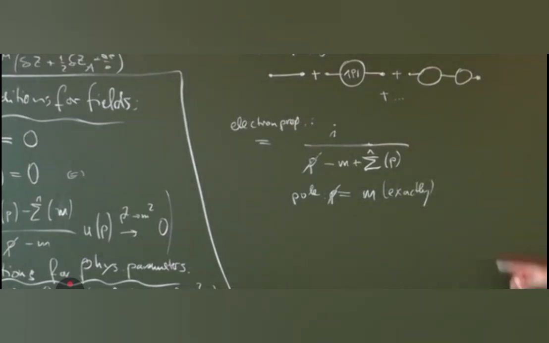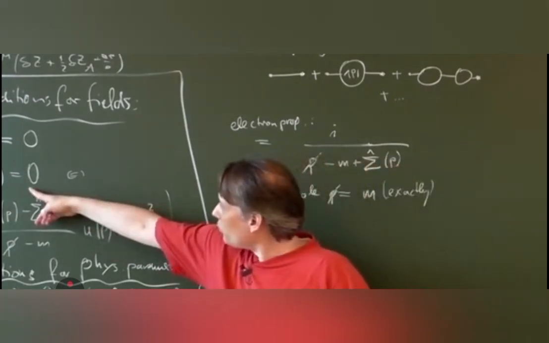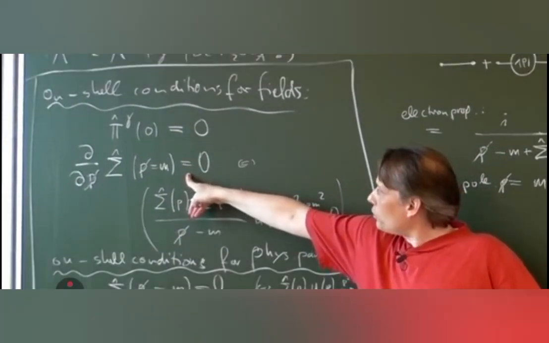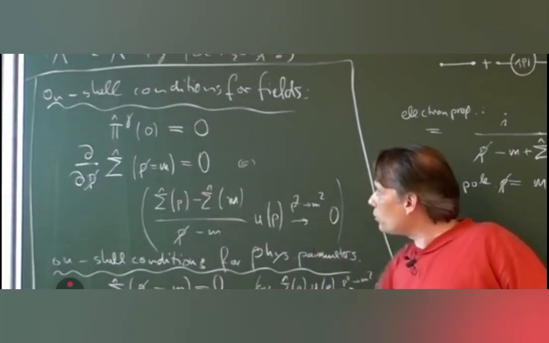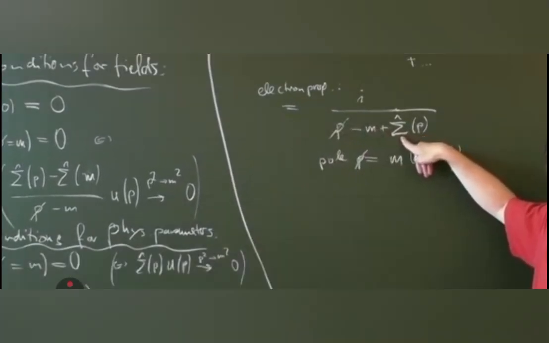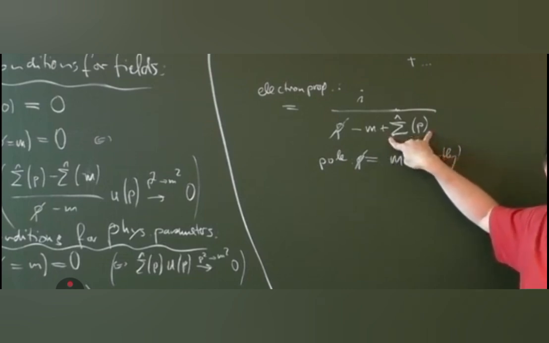So I will write down in a second that means that the m parameter is the physical mass, but let's first discuss the second consequence. What is the consequence of this on-shell renormalization condition? That the derivative of the self-energy also vanishes on shell. So if we are at the pole p slash is equal to m, then not only is that 0, but also its derivative is 0.